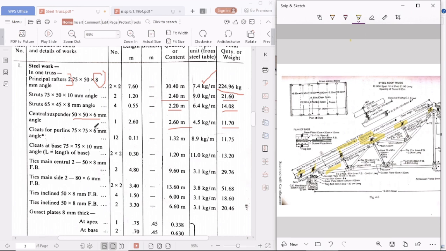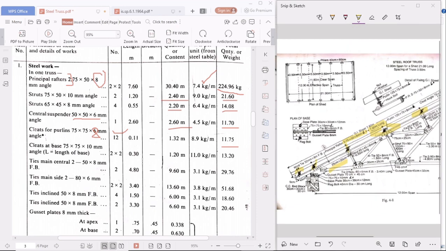Friends, here you just take it down as 8, it is just a printing mistake. 75 into 75 into 8 mm, 12 in number. The length is 11 centimeter, so 0.11 meter. Multiply it, take unit weight from the steel table, and you will get 11.75 as the total weight.